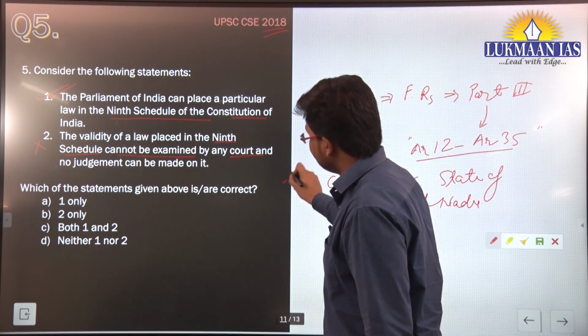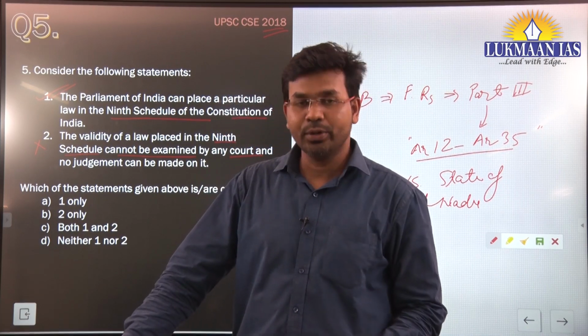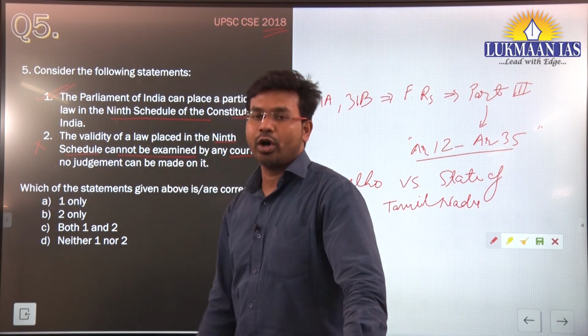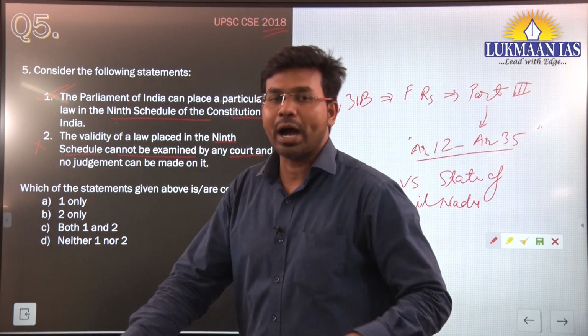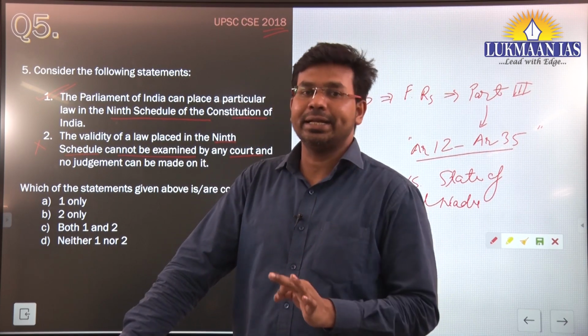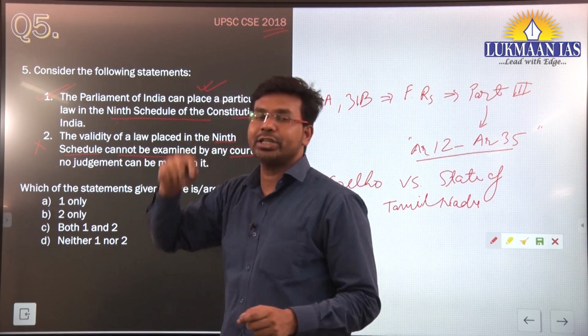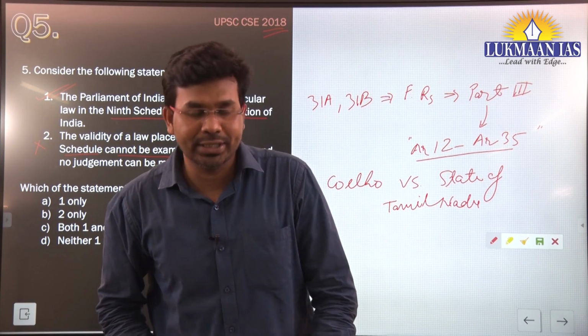So in this particular judgment, the Supreme Court of India has said, this was true, I mean laws could not be reviewed by the courts, but now after a particular date, all the things that are placed in the 9th schedule of the Constitution of India will not be immune from judicial scrutiny.